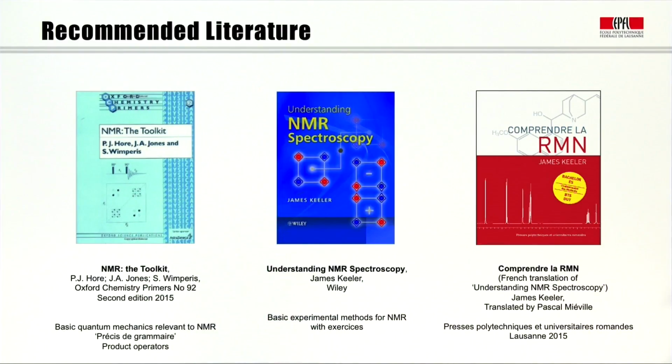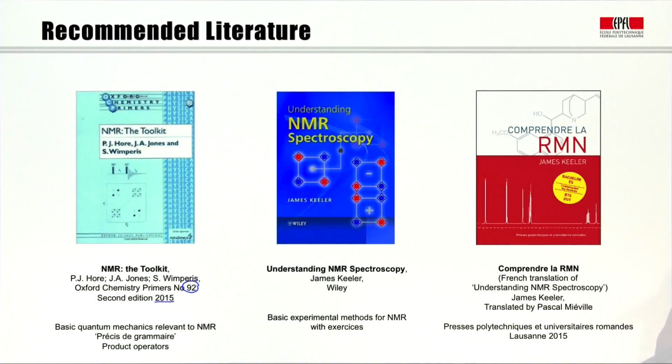Wimperis is now professor in Glasgow, and he is an expert of liquid and solid state NMR. This book, The Toolkit, is number 92 in the Oxford Chemistry Primers series. It also has a second edition that should come out in 2015, and maybe at one point I will be doing another MOOC based on that book, because I've also used that book extensively for undergraduate and graduate lectures.